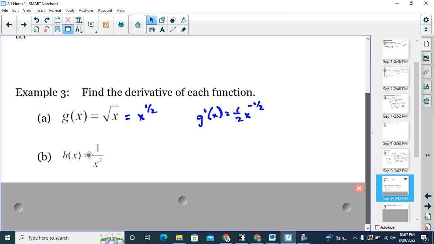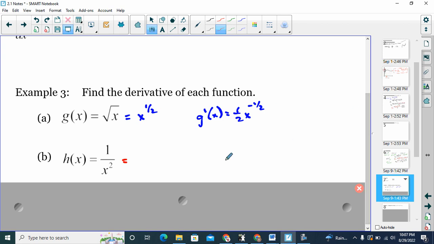h of x equals 1 over x squared. First of all, you cannot just take the derivative of the bottom and say it's 1 over 2x. That is incorrect. Instead, we want to rewrite it kind of like we did here. This power rule only works if I have x to an exponent.